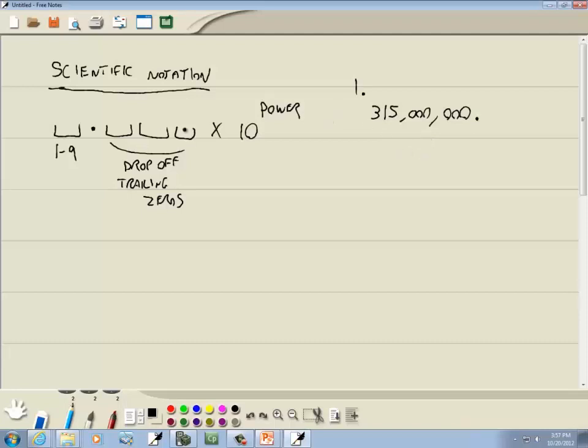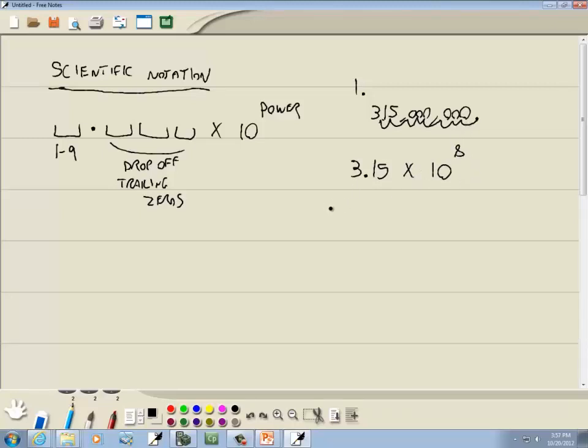Now what we want is to move our decimal place until we just have a single digit and then the decimal point. So I'll move it 1, 2, 3, 4, 5, 6, 7, 8 places to the left. So this is going to be 3.15. And all these are trailing zeros, so I drop those off. And times 10 to the 8th power.